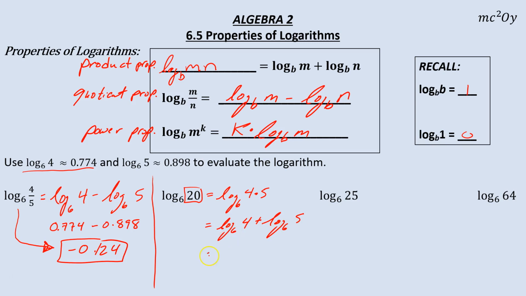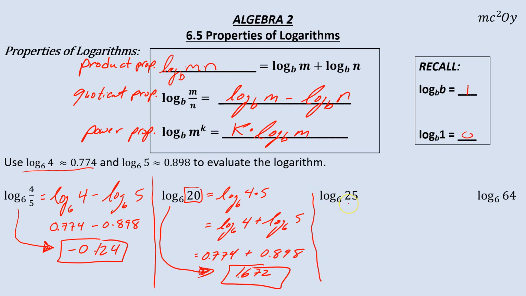Log base 6 of 4 we know is 0.774, and log base 6 of 5 is 0.898. Combine those, we end up with 1.672. That is what log base 6 of 20 is.